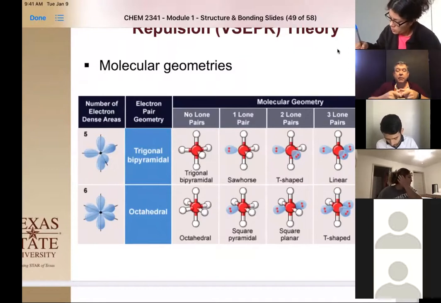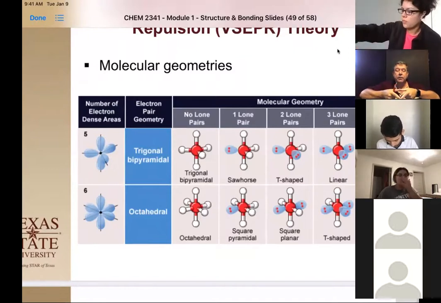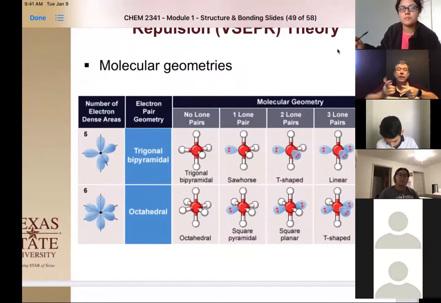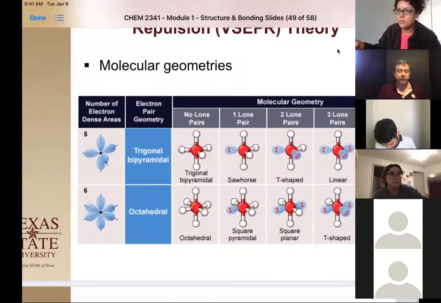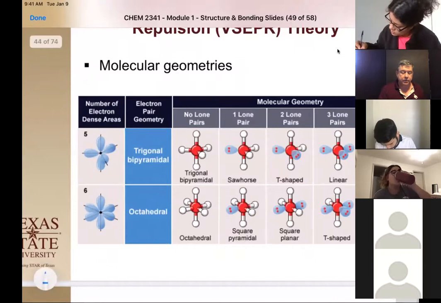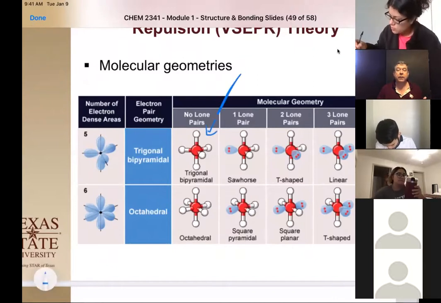And that 5 electron domain geometry is going to have our nice trigonal planar at 120 degrees apart, and then 90 degrees off that, we're going to have an axis running straight through that propeller, giving us those 5 different regions. And if we have all 5 electronic areas bonded to atoms, we have the structure like this, which is the trigonal bipyramidal.